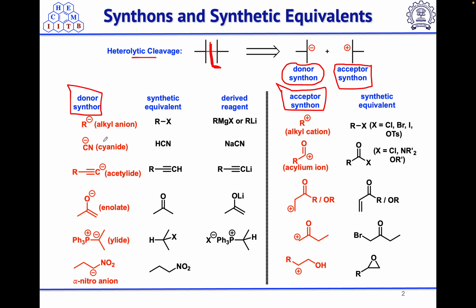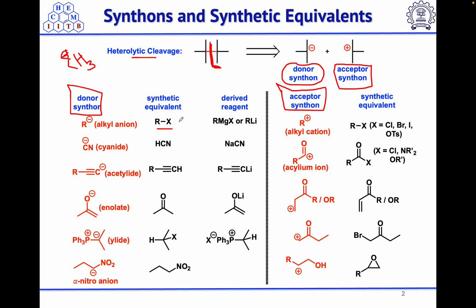Now this donor synthon, let's say an alkyl anion, suppose methyl anion, a methyl carbanion, having one carbon. Suppose we need this methyl carbanion in the forward reaction. How can we generate it? We can generate it from RX, here methyl iodide, where X means halide, methyl iodide or bromide.